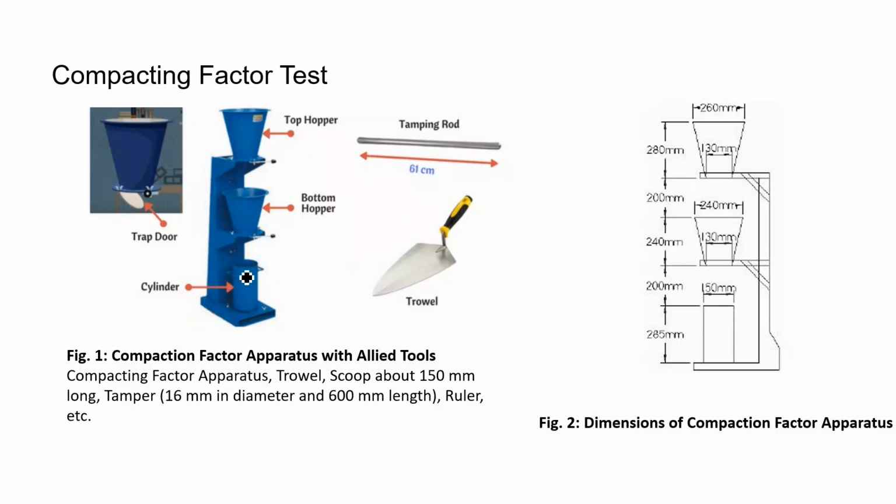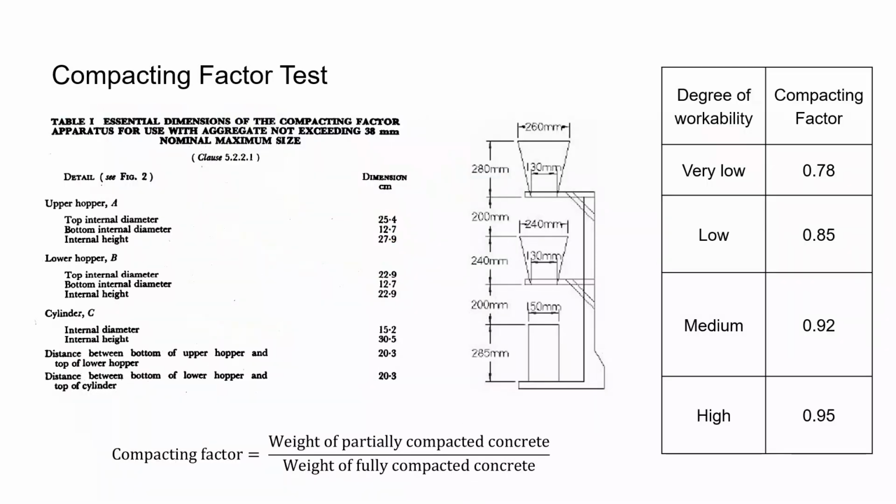Now, this cylinder is emptied, and the freshly mixed concrete is compacted in layers by giving a suitable number of blows with this tamping rod, and the weight of the fully compacted concrete placed in this cylinder is measured, and the ratio of the weight of partially compacted concrete to the weight of fully compacted concrete gives the compacting factor value.